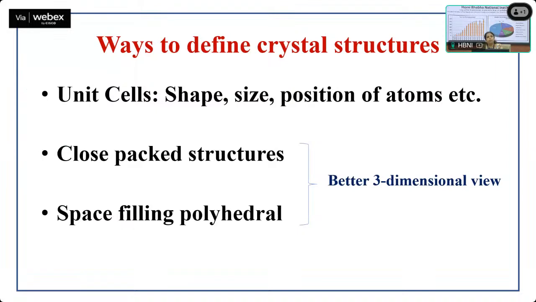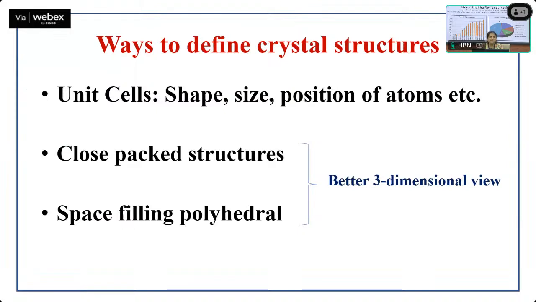Second is you talk about the close packed structure. We'll talk about it a little later: cubic close packing, hexagonal close packing, distorted versions of these two, and so on. Third way is you can also define it in the form of the space filling polyhedra made by the different ions or atoms in your crystal structure.